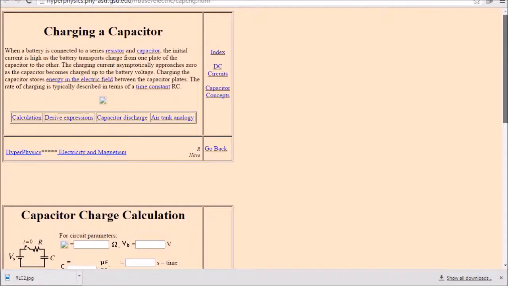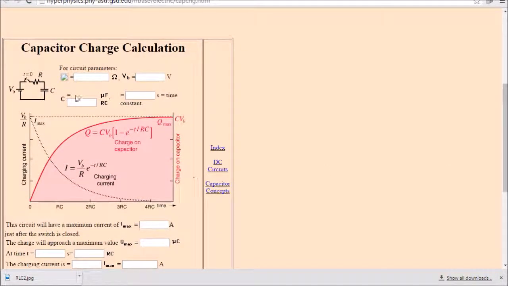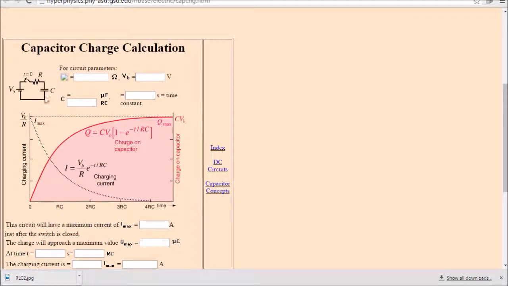So here's a capacitor with a DC source, as you can see on the left here. You have an RC circuit. If you have a voltage source and an R and a C and a switch in there, and you're closing that switch at time equals 0, you know your current is right here, I.